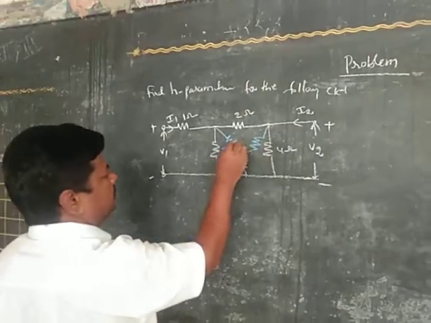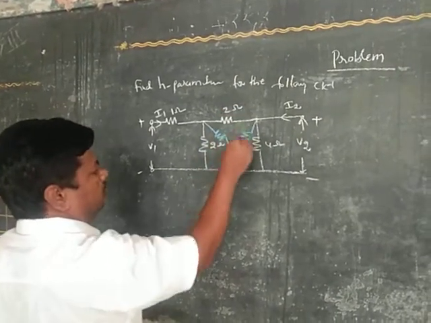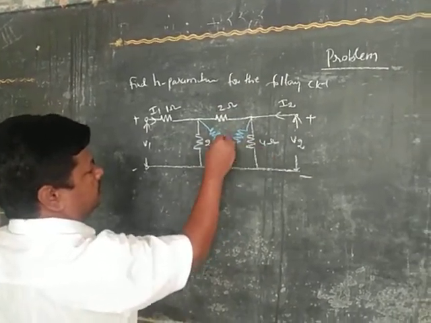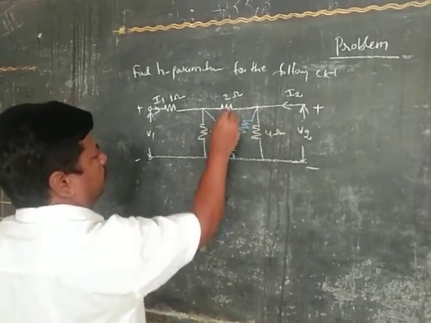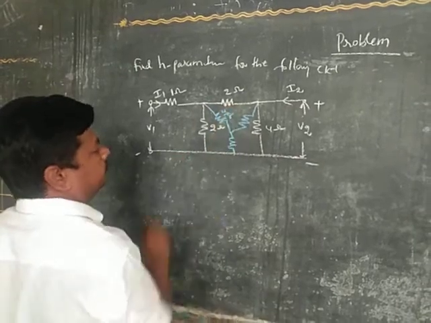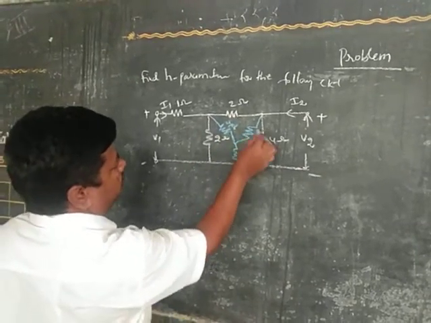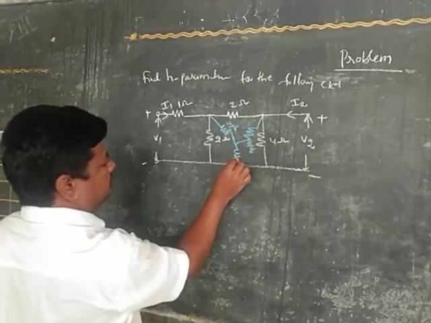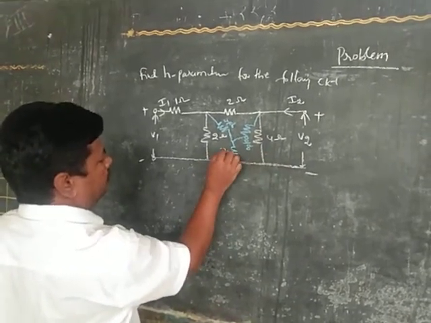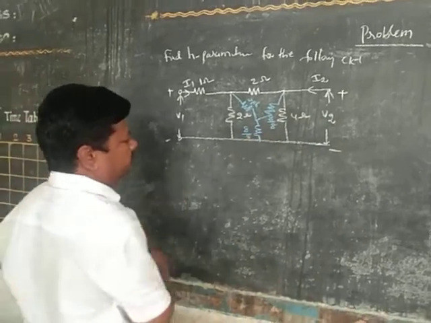What is this resistor? 2 into 2, 4 by the total resistance, 2 plus 2 plus 4, 8. So 4 by 8. Now this resistor value is 4 into 2, 8 by 8. And this resistor value is 2 into 4 by total 8, 8 by 8.